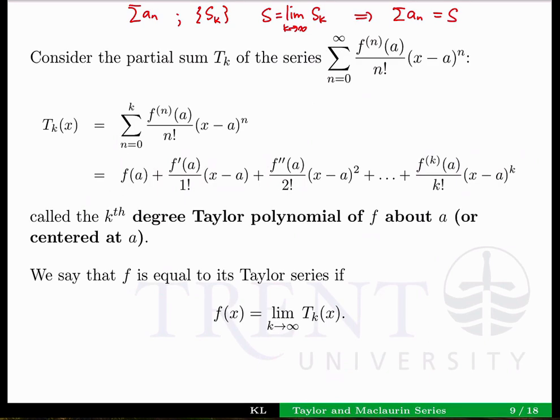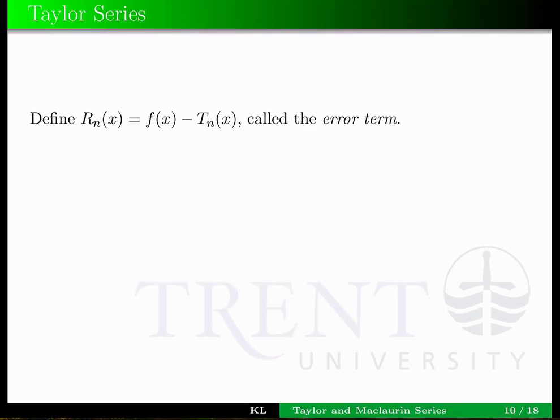Now, from here, let us define r sub n of x, which is equal to f of x minus t sub n of x. Here we are not yet assuming that f of x equals the Taylor series expansion. Here, we just define this r sub n, which we will call the error term.